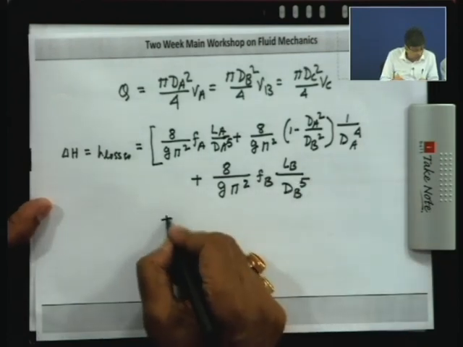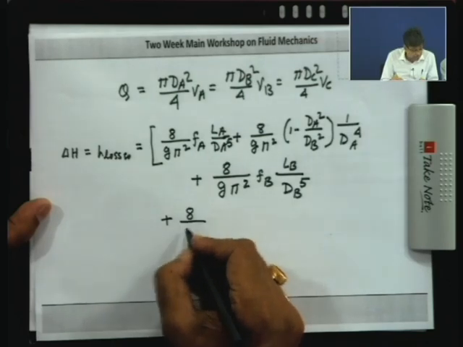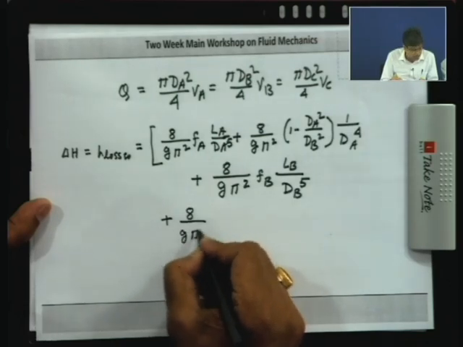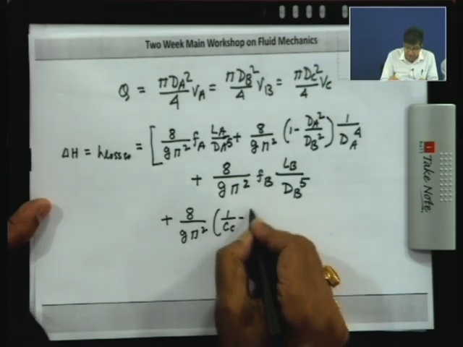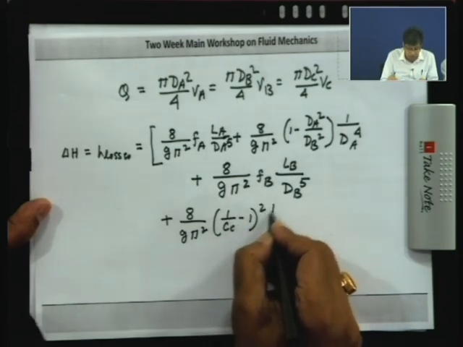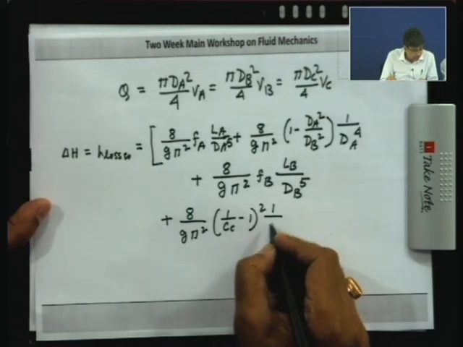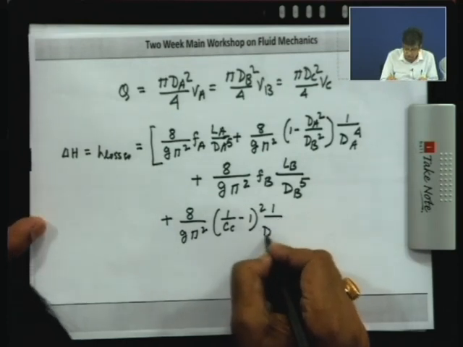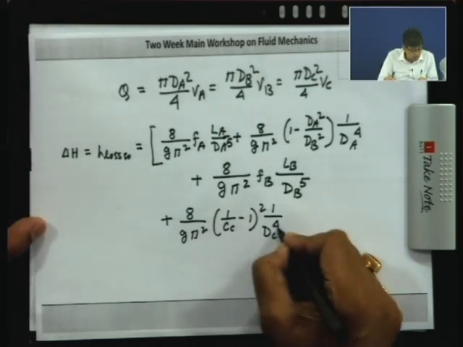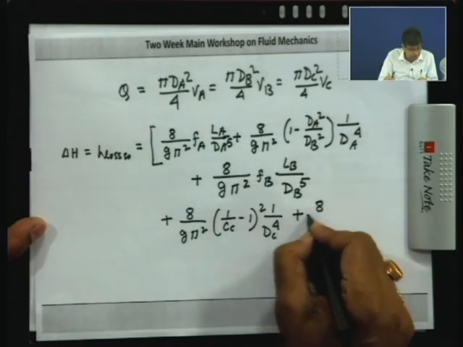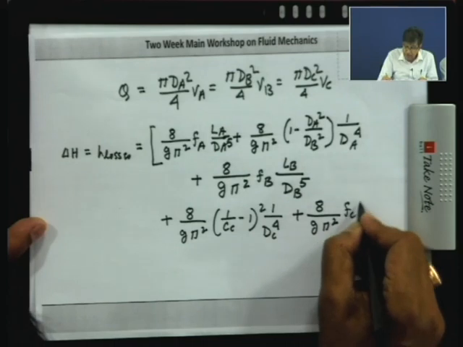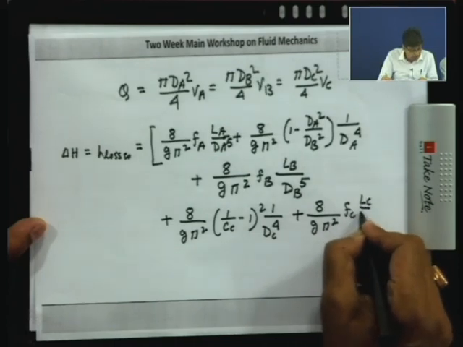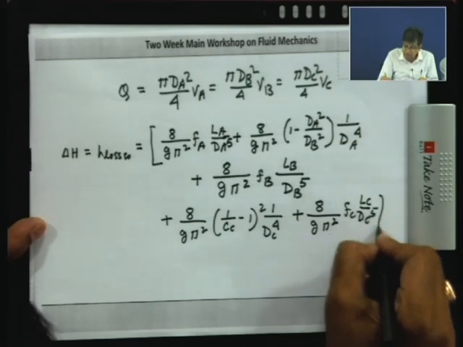This is a long thing actually, it takes time. 8 by g pi square, and this is just algebraic, 1 by Cc minus 1 whole square, 1 by dC to the power 4, plus 8 by g pi square, FC LC by dC to the power 5, all multiplied by Q square.